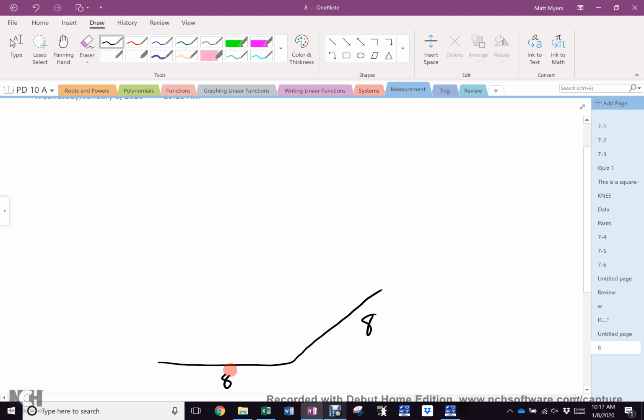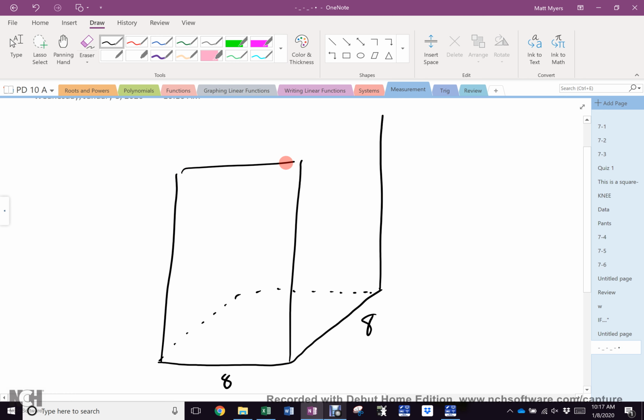If I want to make a prism here, what must I do with this square? I just go straight up, right? So I would go up, up, up, and I would have a prism, yes?